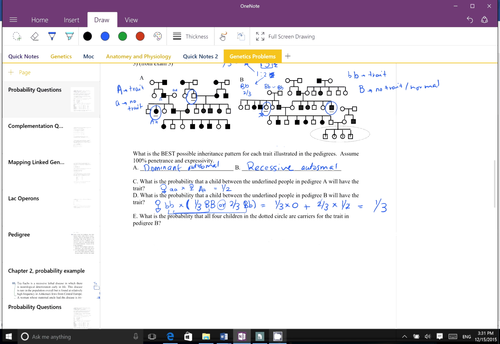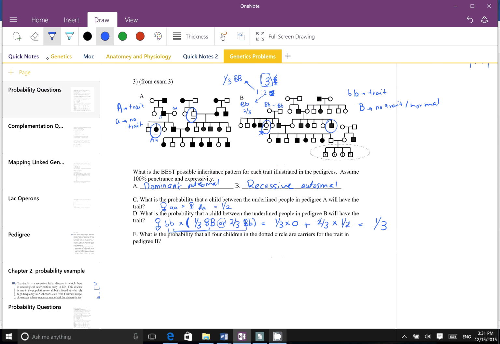Then part E, they're asking you what's the probability that all 4 children in the dotted region will be carriers for the trait. So here's our dotted region over here, and if all of them are carriers, that means that child number 1, 2, 3, and 4 are carriers for the trait. That means, and when we say and, it means we multiply, child number 1 multiplied by child number 2 and child number 3 and child number 4, all of them being carrier at the same time.